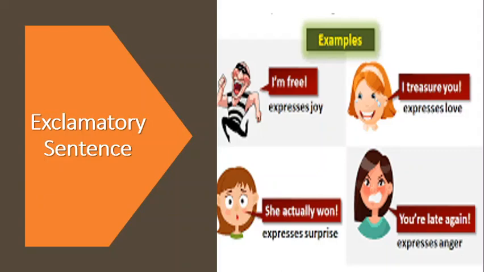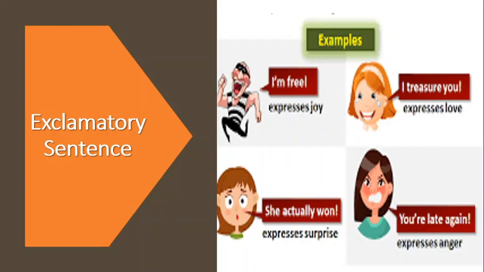And lastly, we talk about exclamatory sentence. Exclamatory sentence is a sentence that shows emotion or excitement. There are four categories of excitement or emotions here. We have the one that expresses joy. For example, I'm free. Maybe a child has been writing examination and now the exam is over. You see the child in jubilation. I'm free.